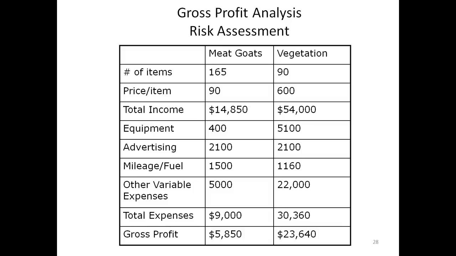If, for example, I didn't make the 90 days of vegetation management, the potential of having a negative return on that enterprise is a lot higher. The risk is a lot higher.